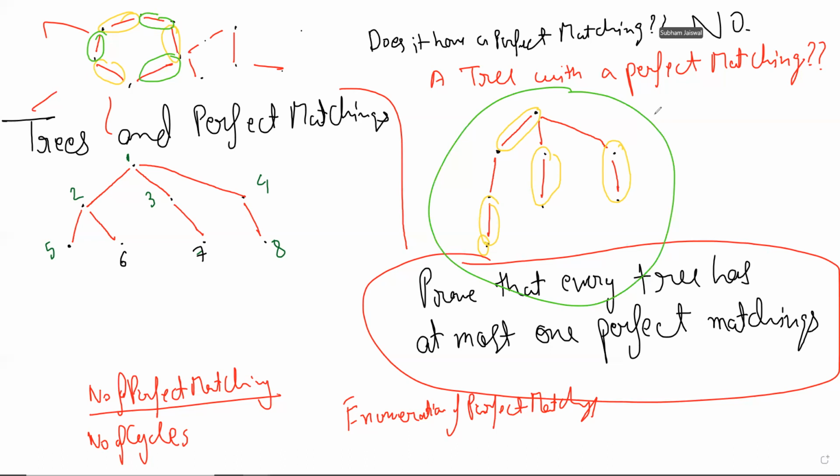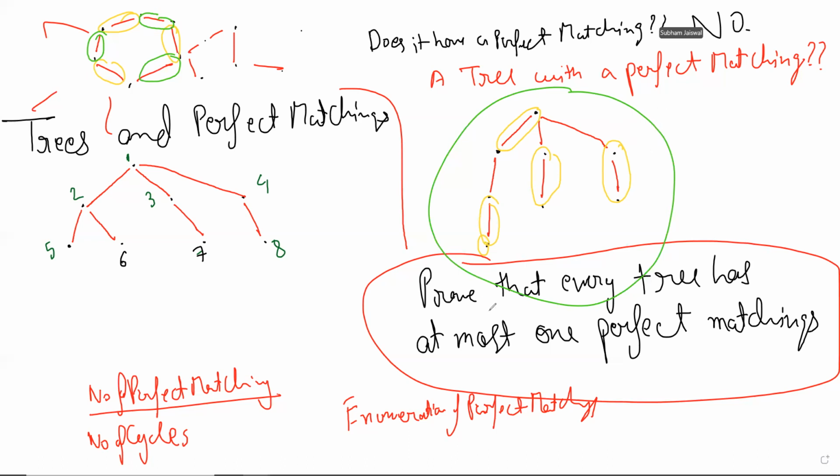It's not just that more cycles give more perfect matchings; cycles capture everything. So if you can put the structure of cycles in a good mathematical framework, then working with it will lead you to exact answers about perfect matchings.